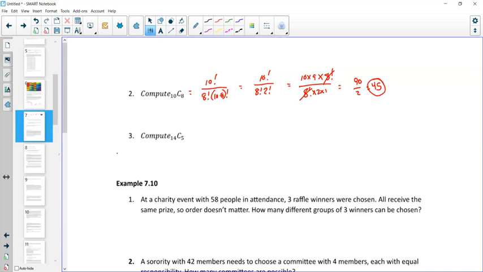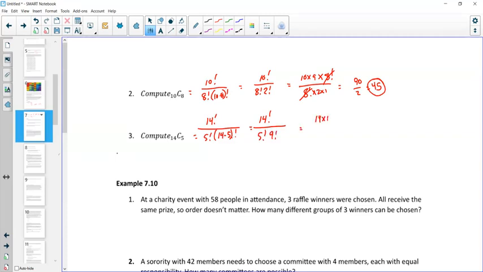And one more here, just basic. Number of combinations, taking 5 things out of 14. So we have 14 factorial over 5 factorial, 14 minus 5 factorial. So we have 14 factorial over 5 factorial, 9 factorial.